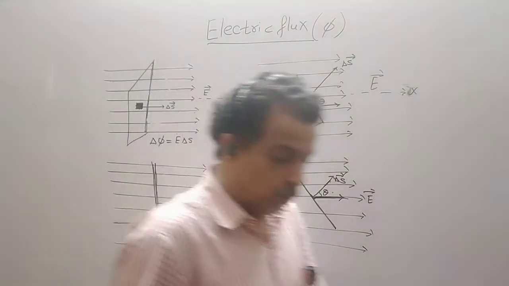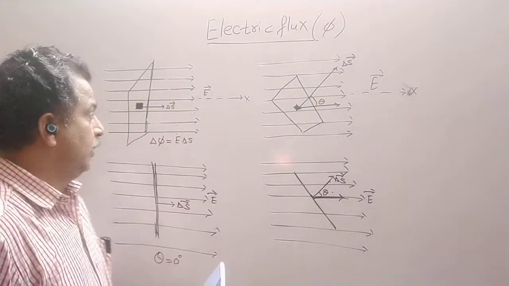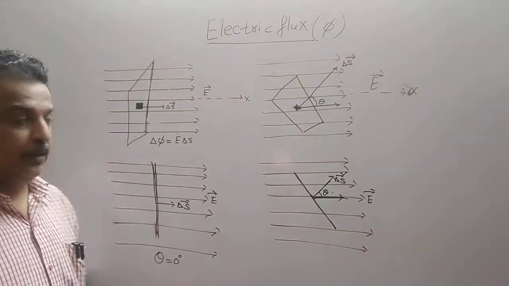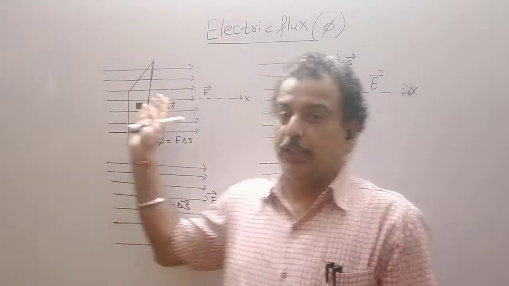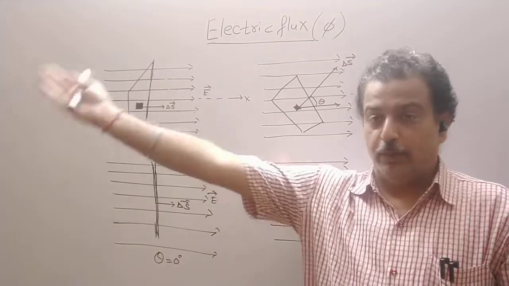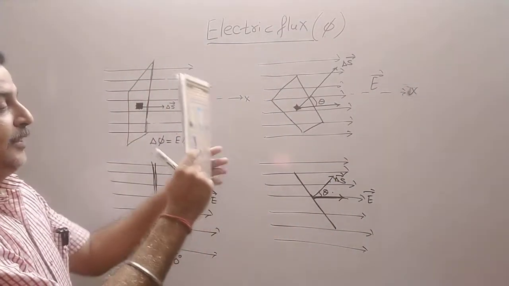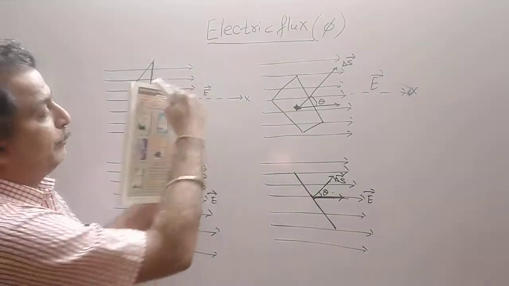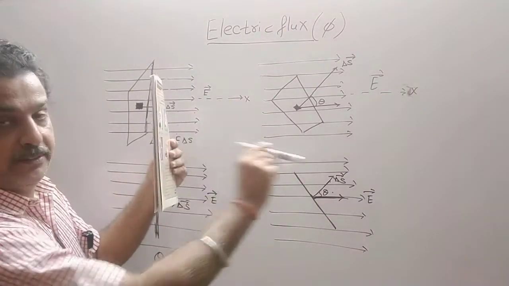Let us try to understand this diagram with the help of this notebook. In this first diagram, it should be clearly understood that the field is along the x-axis, from this side to this side. Now the area is held like this, or the plane is held normal to the field line. These are my field lines.